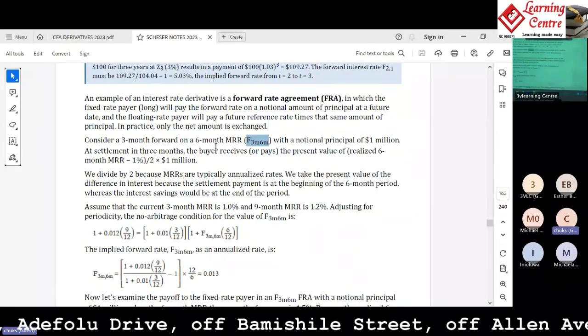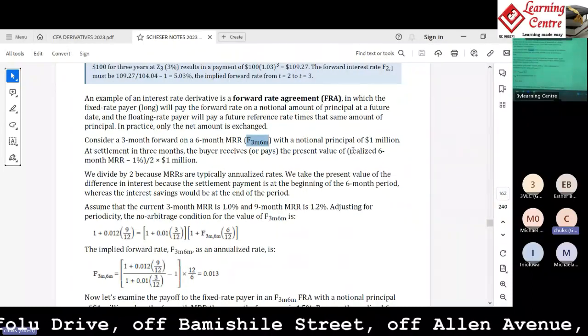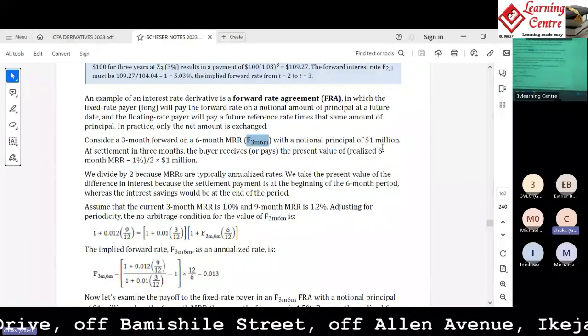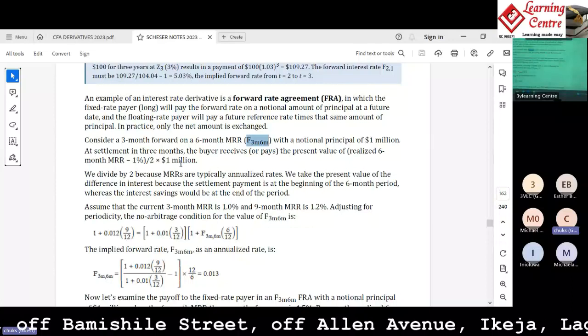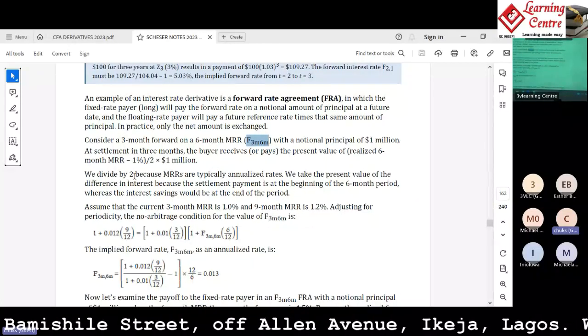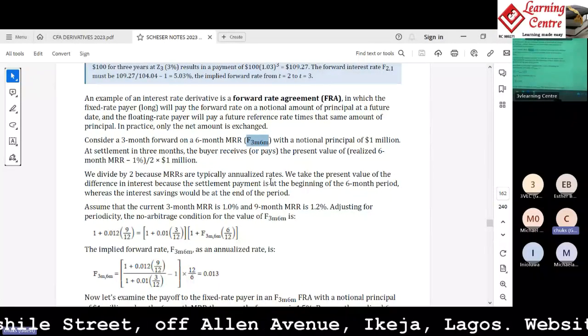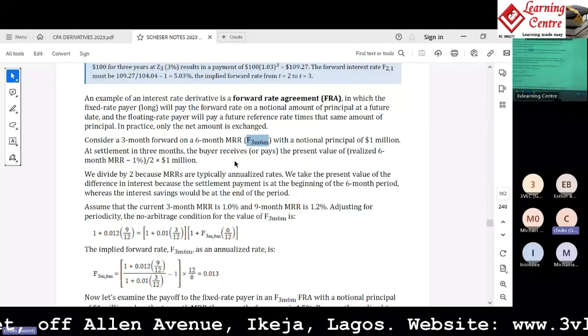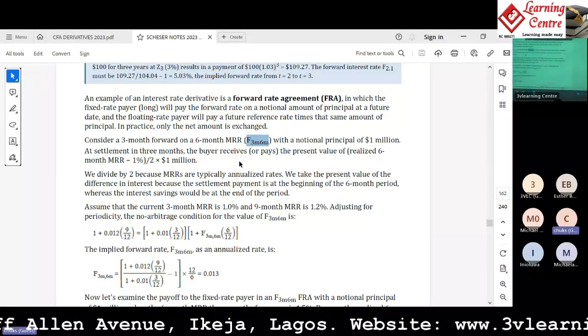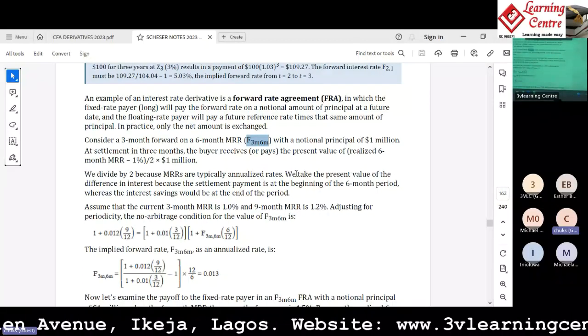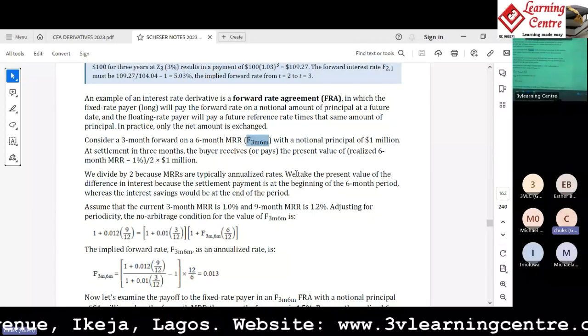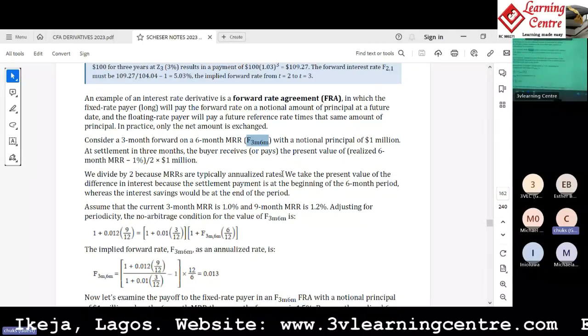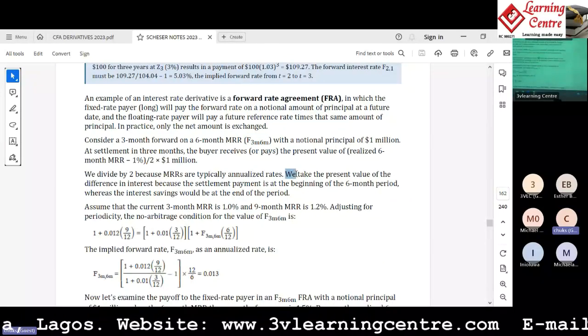At settlement in 3 months, the buyer would receive the present value of 6 months MRR. We divide by it because MRR are typically annualized. So in this case, we have an annualized rate. So in this case, we are divided by 2, which was what Michael was trying to do for that other example.